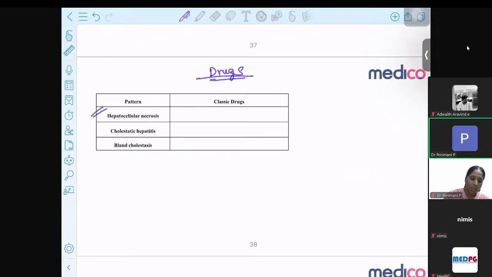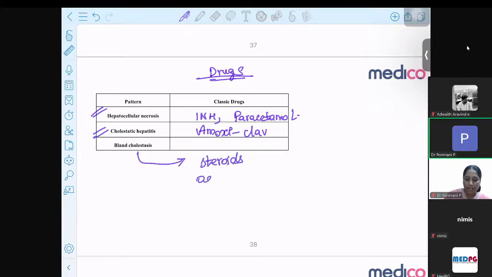That is hepatocellular necrosis, which is caused mainly by INH and paracetamol-like drugs, or cholestatic hepatitis, which is caused classically by amoxiclav, or bland cholestasis, which can be caused by steroids and estrogens. What is bland? There is no inflammation here.